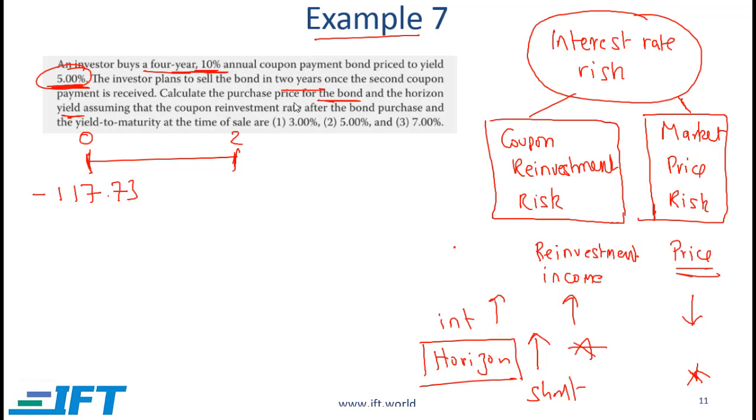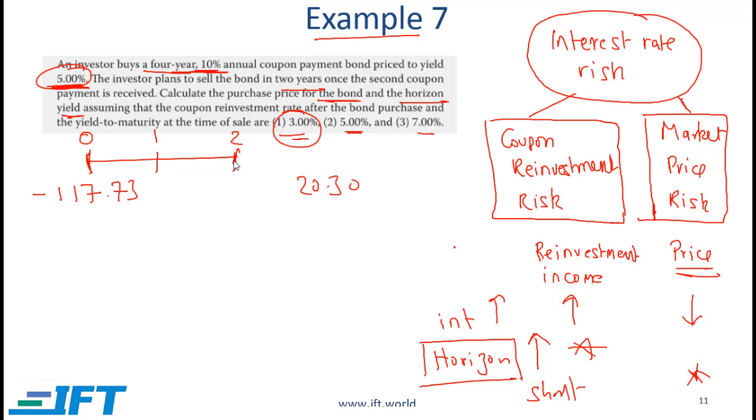Then we are supposed to calculate the horizon yield, assuming that the coupon reinvestment rate after the bond purchase equals first 3%, then 5%, then 7%. What this means is that our first coupon payment will now be reinvested at 3%. The future value of the reinvested coupon will be 10 times 1.03 plus this 10. So that number is going to be 20.3.